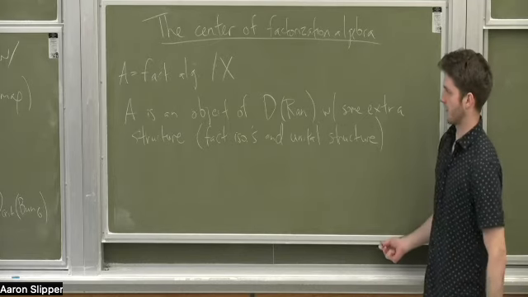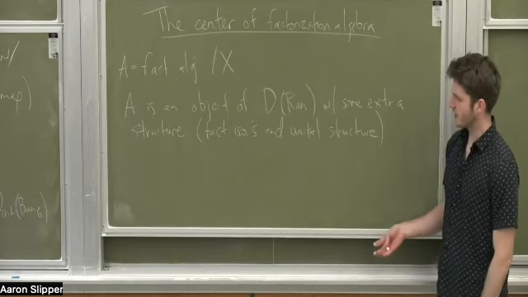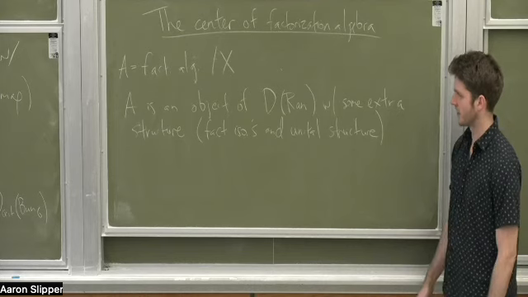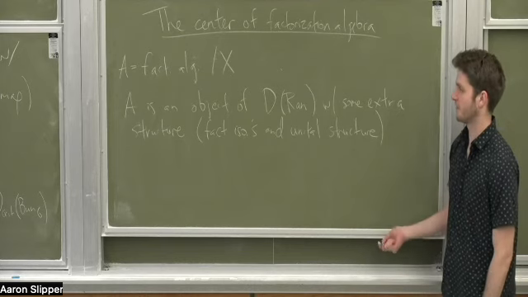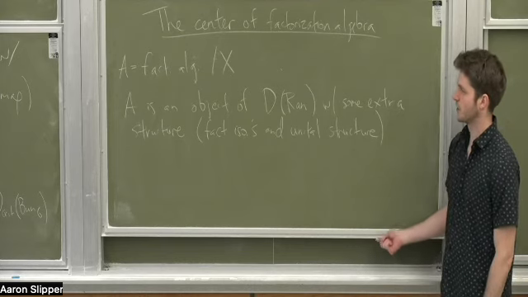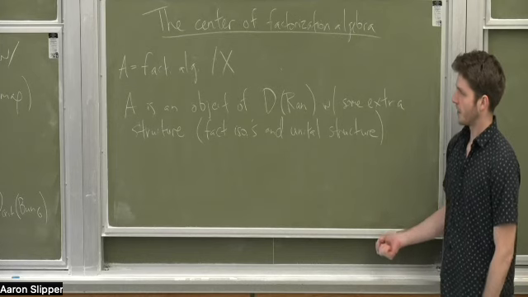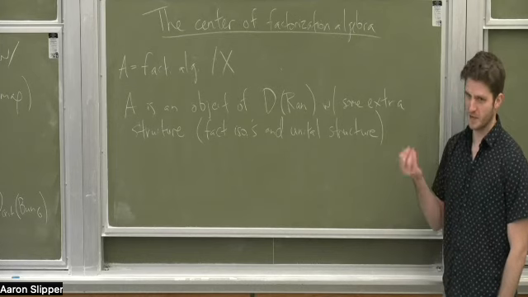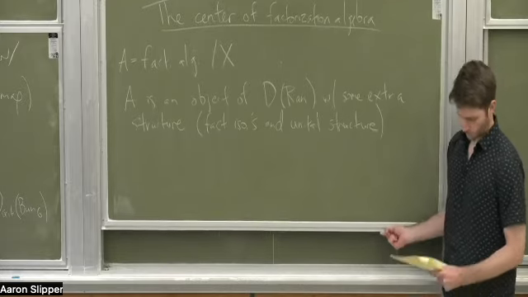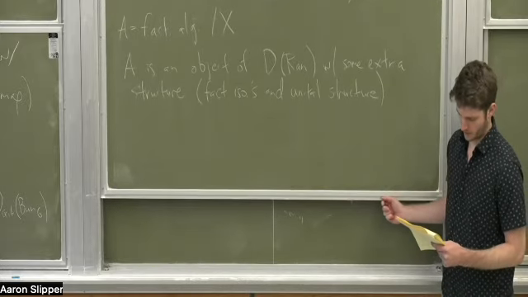So I'll just keep it there from the beginning. As usual, for me everything is derived, but maybe it doesn't matter so much in this talk because most of the objects that we need will be classical. I'll try to be clear about that.